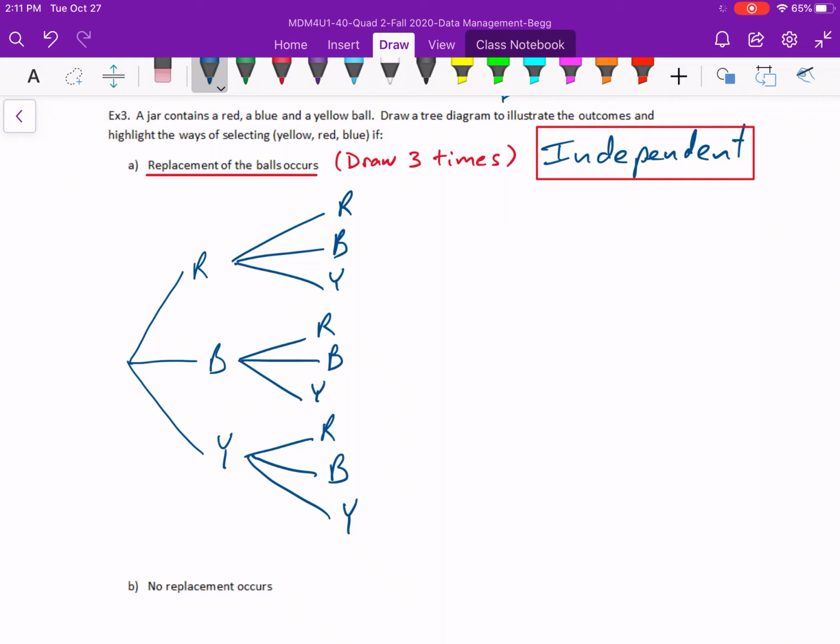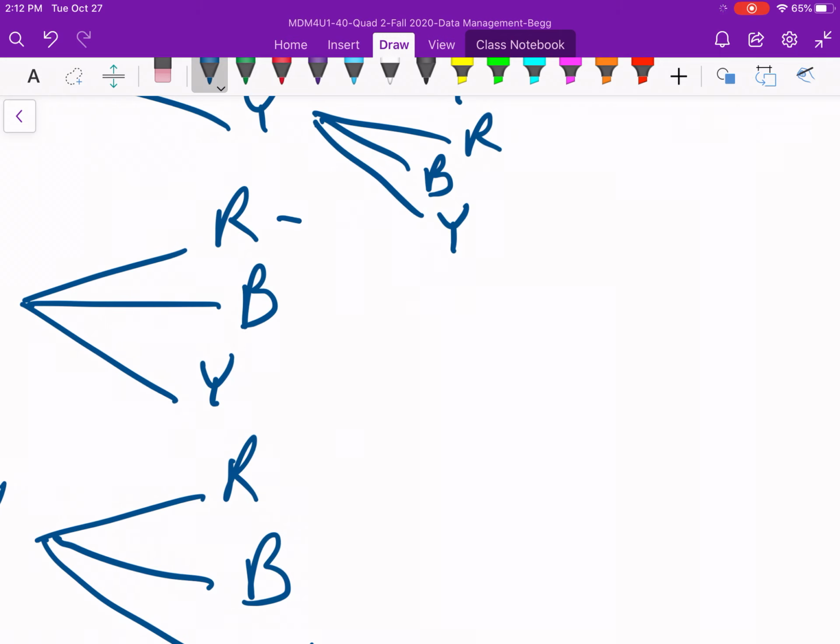And then on the third draw, again, I'm going to put that ball back in, so I've still got the 3 to choose from. And again, the tree diagram starts to get a little bit messy already. Running out of room here already.